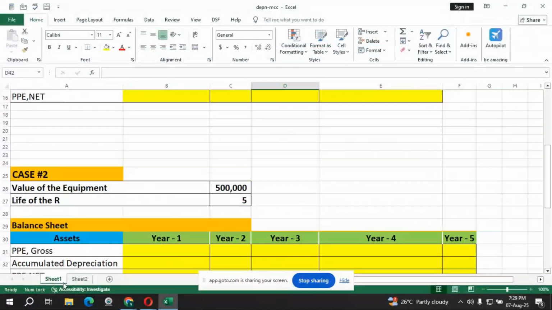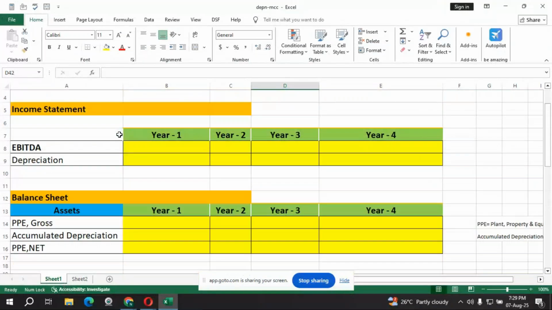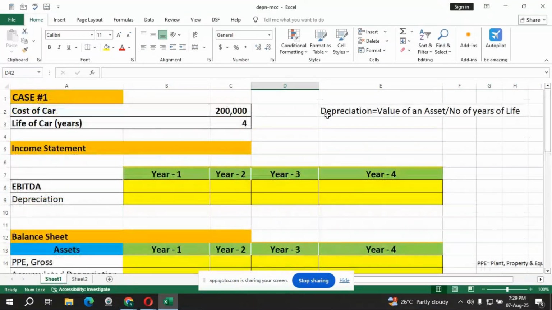Okay. So here you have to calculate the depreciation. You guys have not started. Okay. I'll just discuss with you. See here, the cost of the car is 2 lakhs. Life of the car is 4 years. Now usually how do you calculate depreciation?